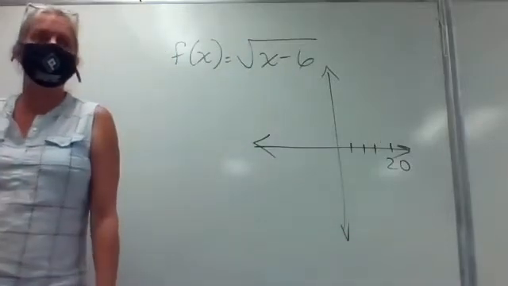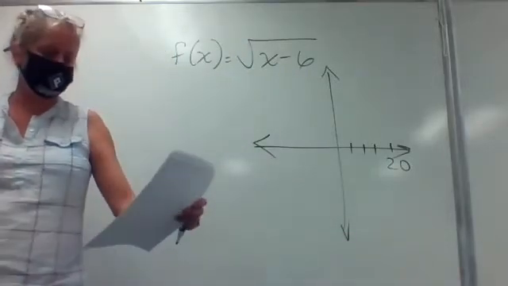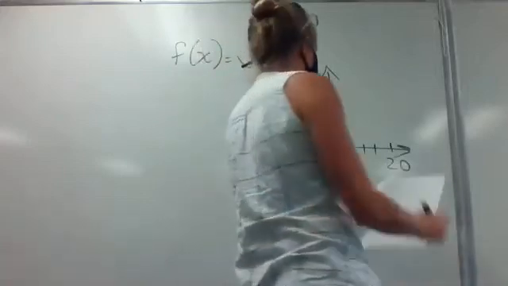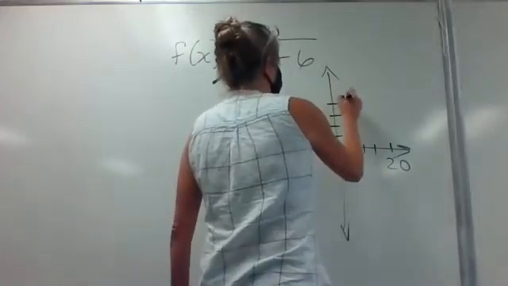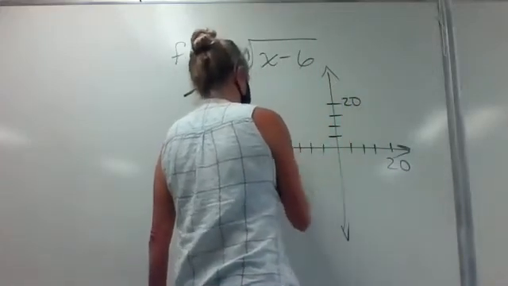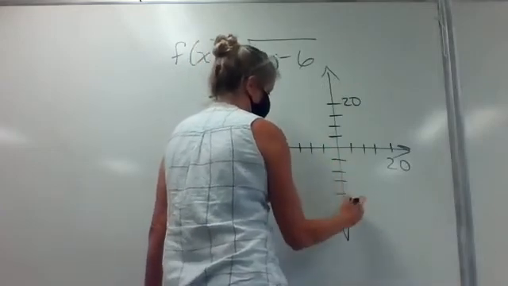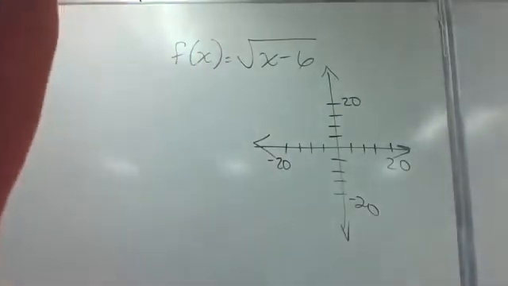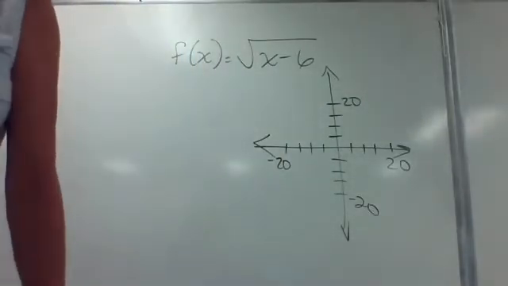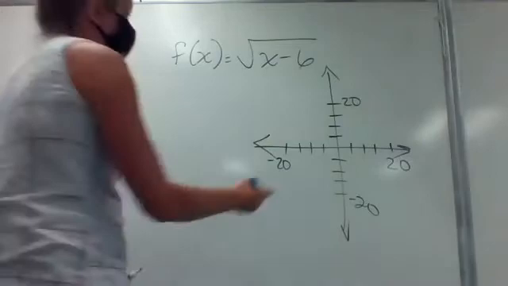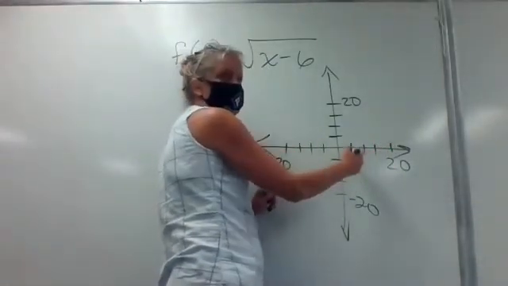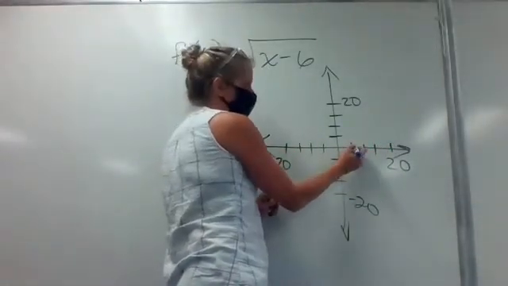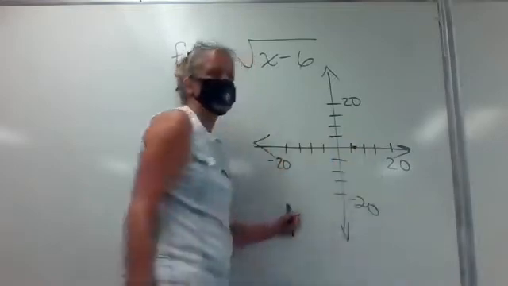So they're going by 5s this time. So if I shift it to the right 6, but these go by 5s, it's just going to start a little bit past that first hash mark, isn't it?